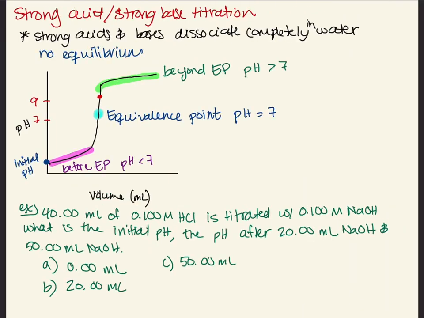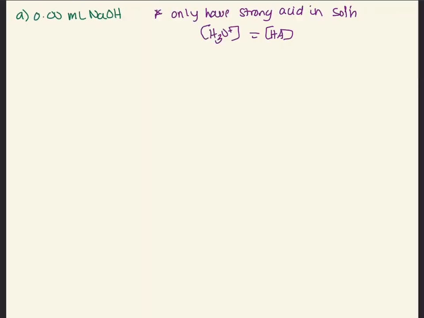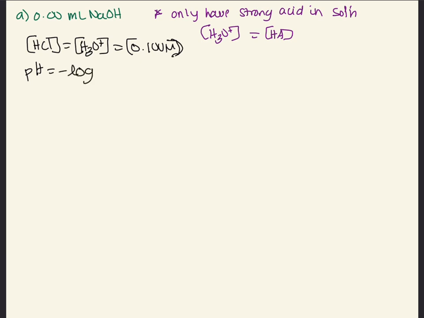So if we look at our problem, we had 40 milliliters of a 0.1 molar HCl solution. So the concentration of our HCl is going to be equal to the concentration of our hydronium ion, which is 0.100 molar. So the pH, we just have to negative log it. And that is going to give me a pH of 1.